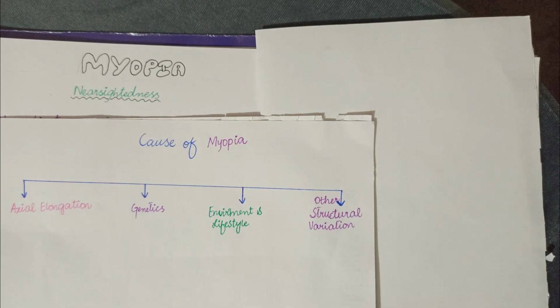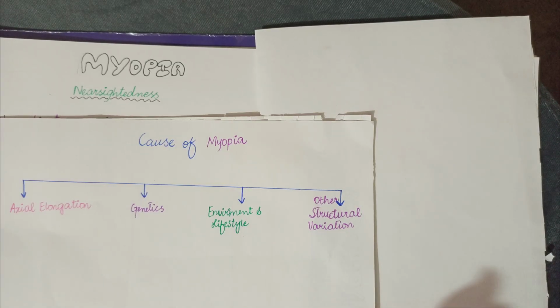Spending too much time doing things like reading or using screens and not enough time outdoors also increases the risk of myopia. Other structural variations include a change in the curvature of the cornea, and an increase in the refractive index of the cornea or the lens can also lead to myopia.